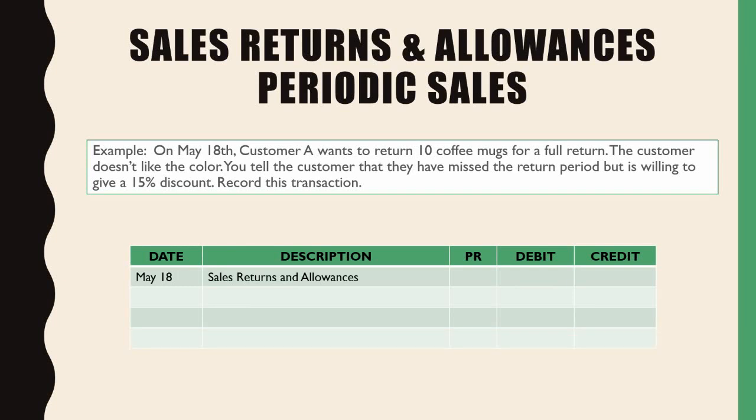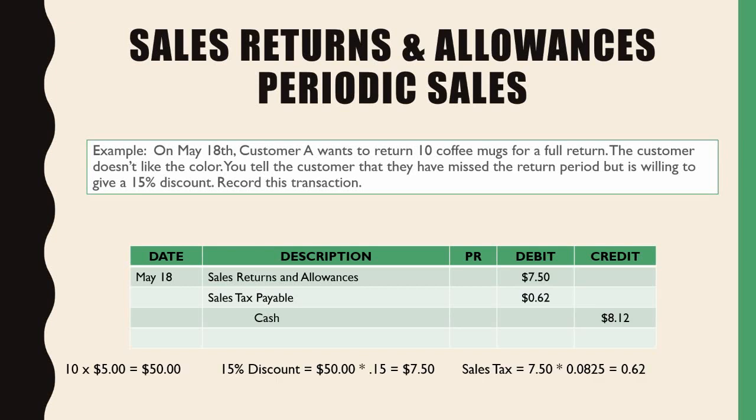Okay? So, because we have the sales returns and allowances, we have to give them sales tax back, and we're giving them cash. So we talked about, you guys discussed this, that it's going to be for $7.50, because ultimately what you do is figure out how much the actual original cost was. If it's $5 and you sold a total of 10 coffee mugs, that's $50, but you're only giving 15%. 15% of 50 is $7.50.